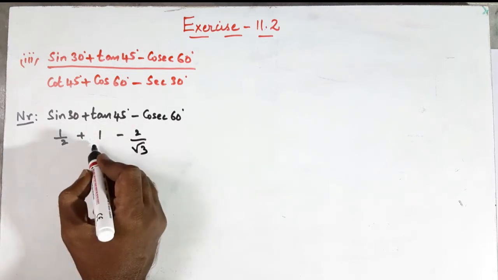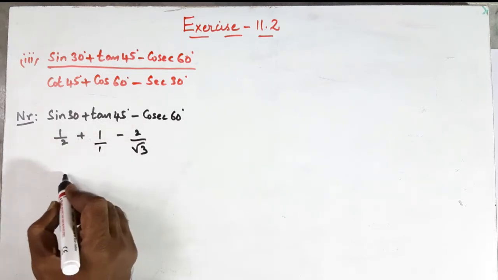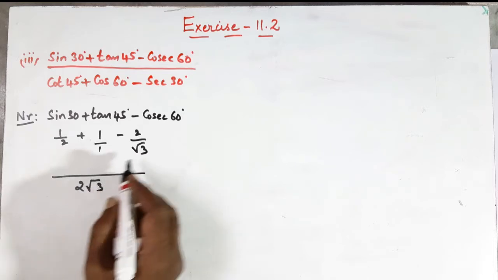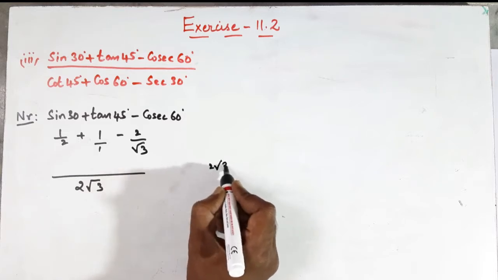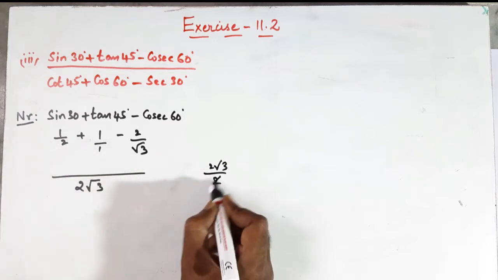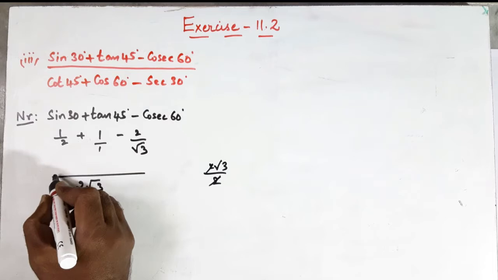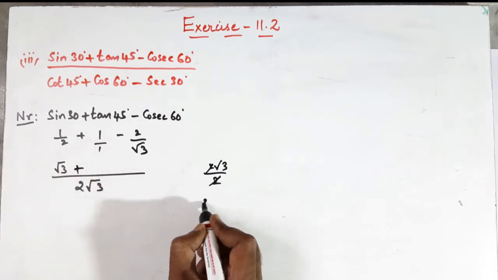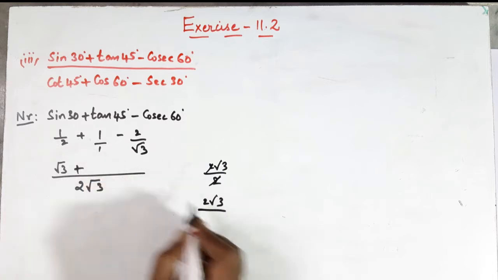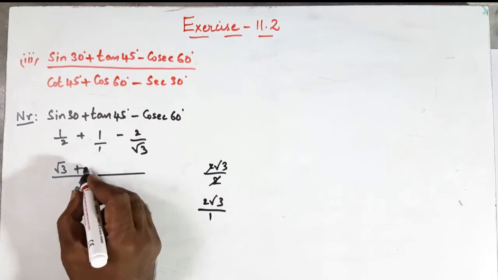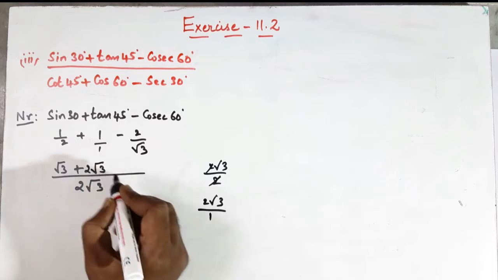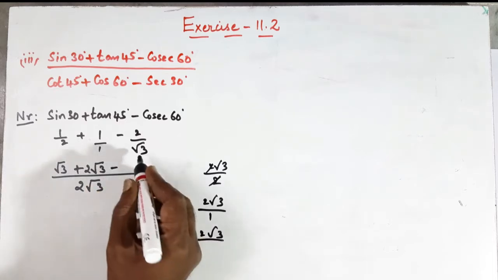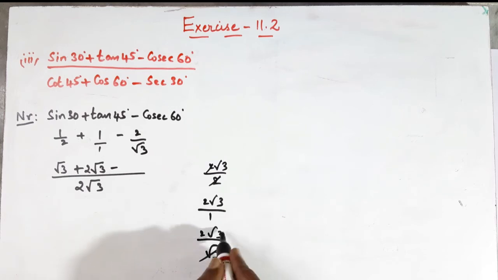Here the denominator is 1, so the LCM is 2 root 3. So 2 root 3 divided by 2, 2 cancels, root 3 into 1, root 3. Again plus 2 root 3 divided by 1 means 2 root 3, then minus 2 root 3 divided by root 3. Root 3 cancels, means 2.